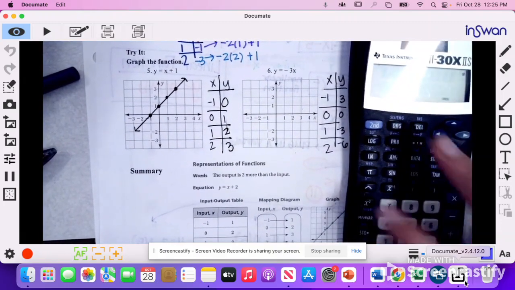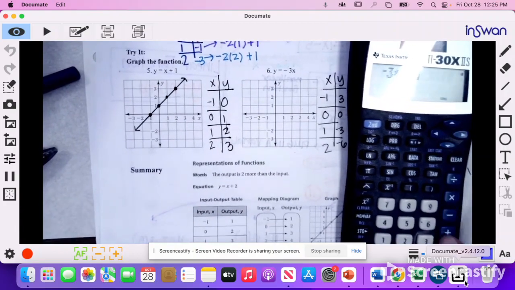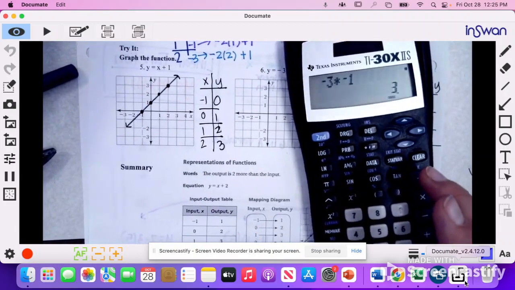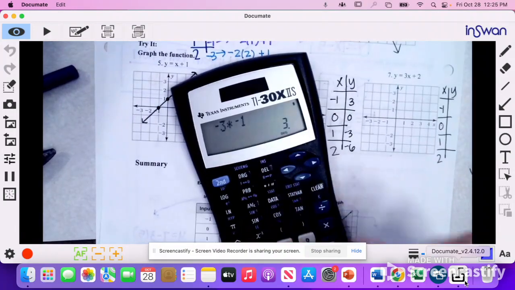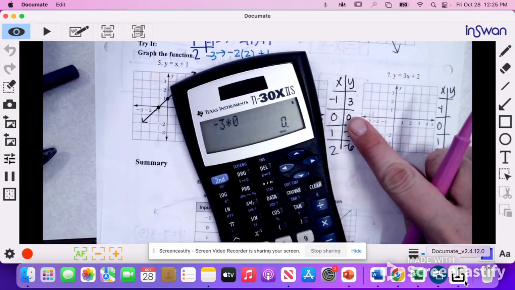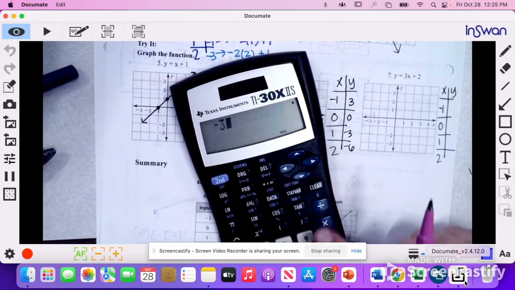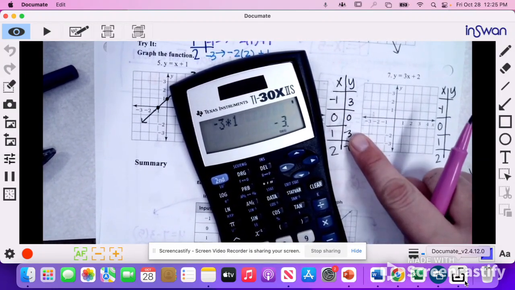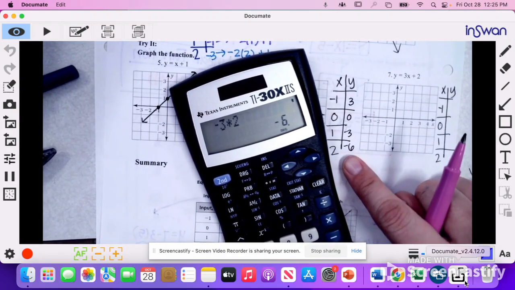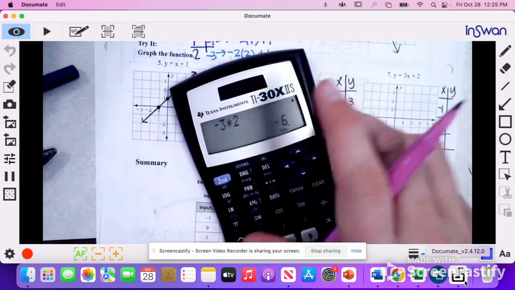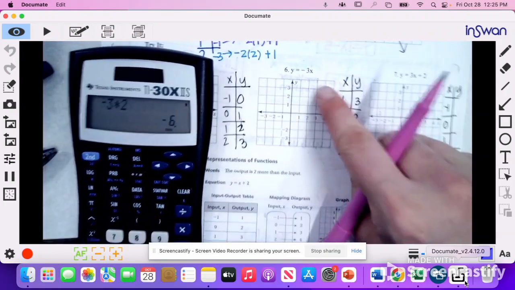I took negative 3 times negative 1, got me 3 for my first one. And then negative 3 times 0 gave me 0. Negative 3 times 1 gave me negative 3. Negative 3 times 2, negative 6. Okay, so I just plugged into my function where my x was.